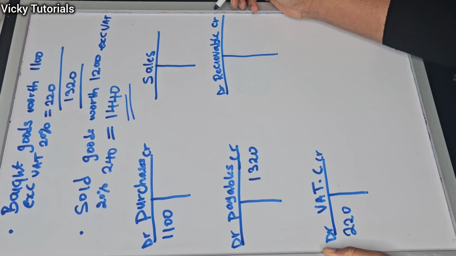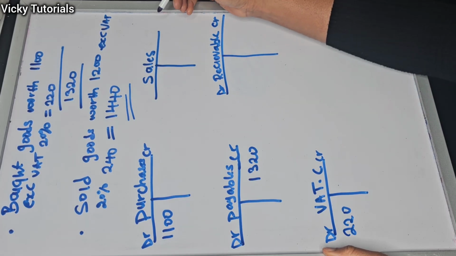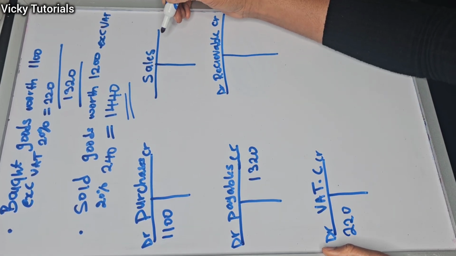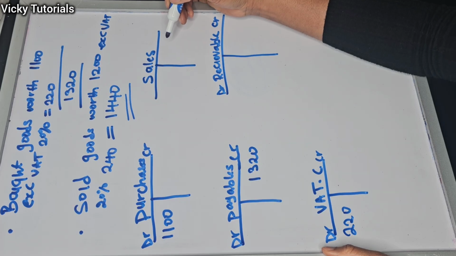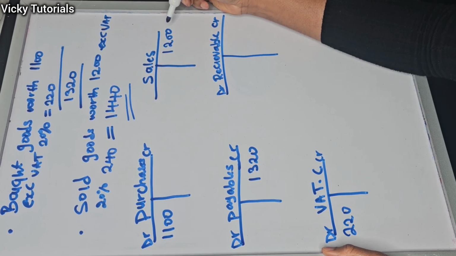And finally, we also have VAT, because it's going to affect our VAT. So we made a sale, and that sale is worth how much? 1,200. So we're going to record sales, which is a credit balance, 1,200. We also have a VAT, and the amount is 240.